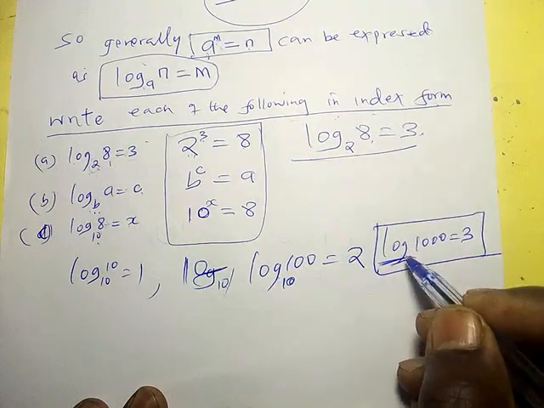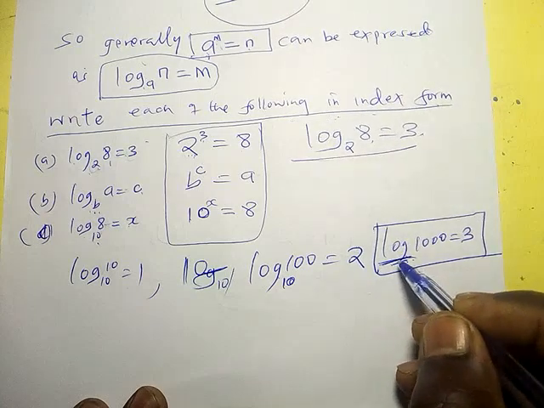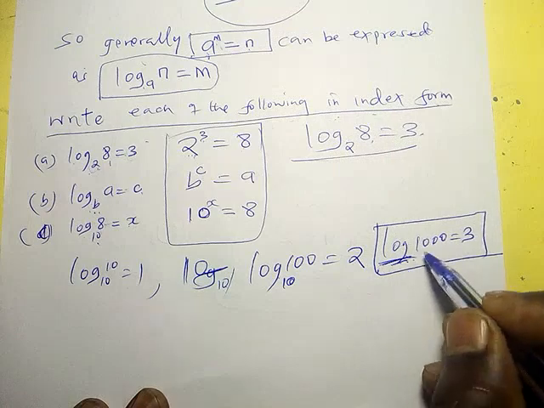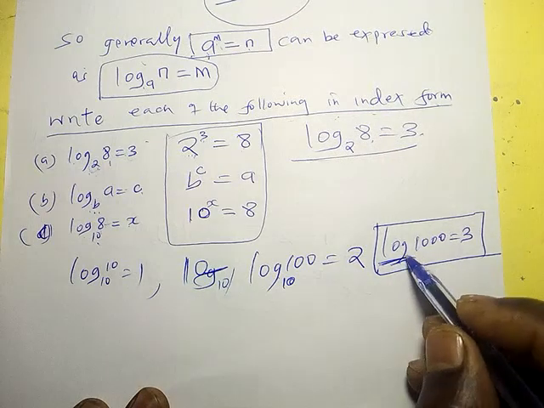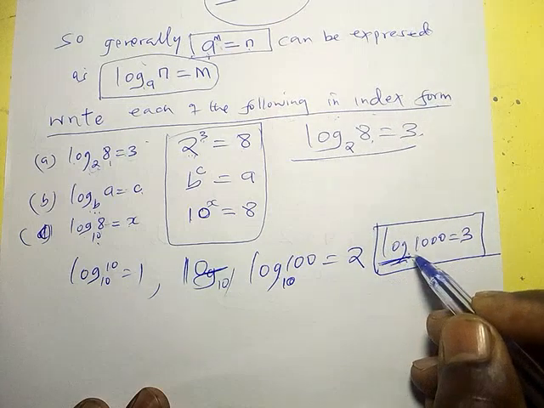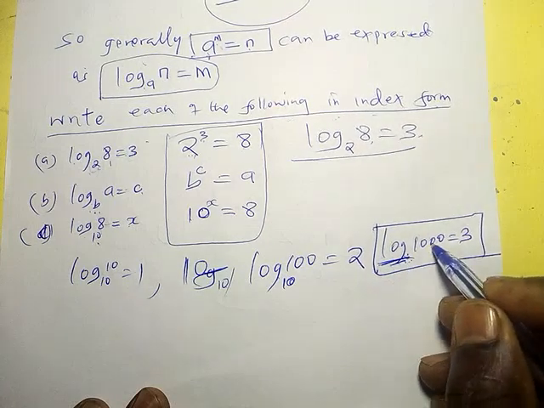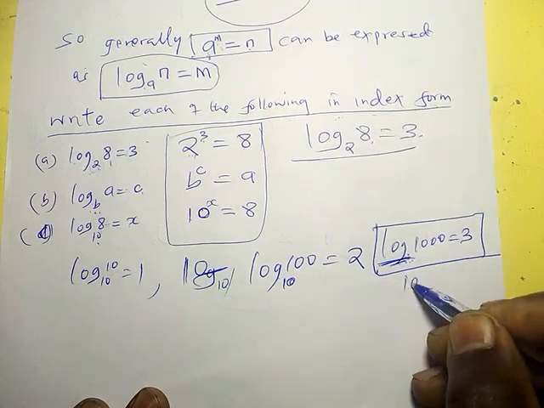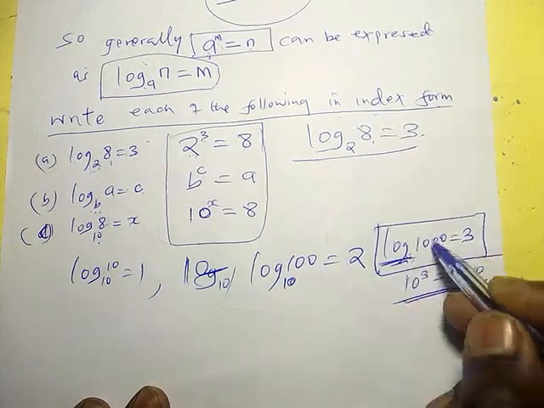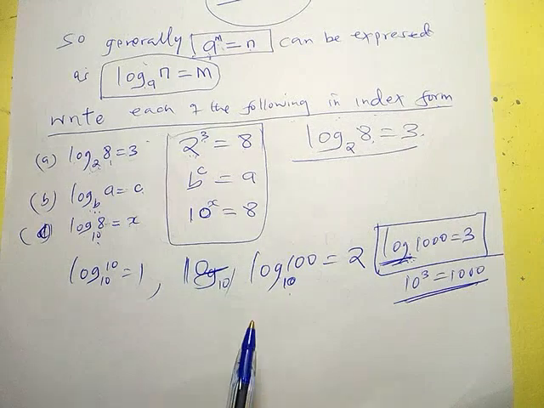But if it is log to base 2, or log to base 3, it will be indicated. If there is nothing here, it is always log to base 10. So log to base 10 of 1000, the answer is 3. It means 10 raised to power 3 is 1000. You should know that.